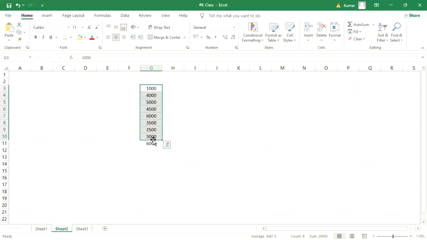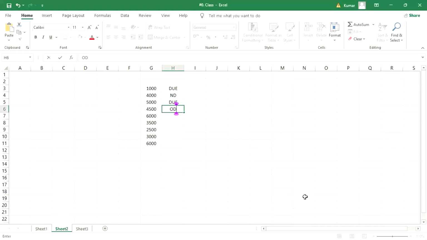For a particular customer also, multiple invoices are getting posted. Out of these invoices, some of the items will be due, some of the items will be not due, and some will be overdue.